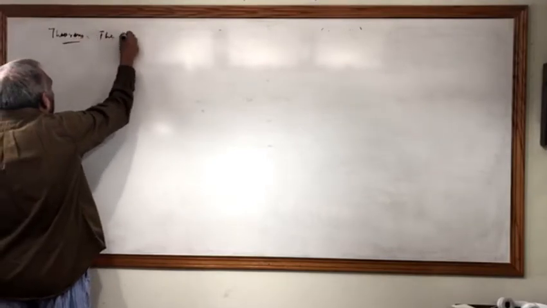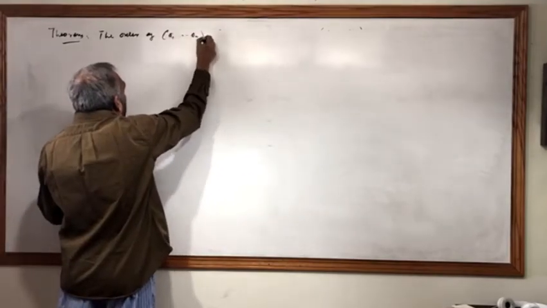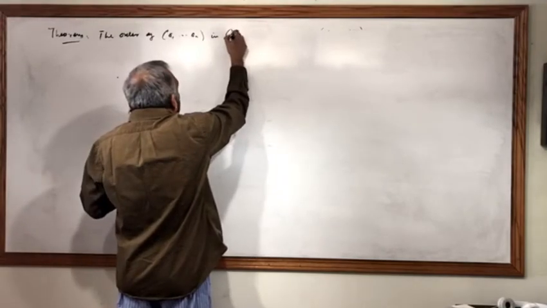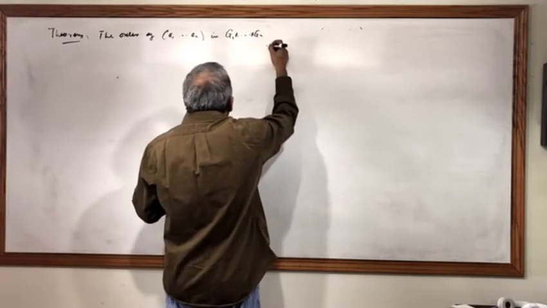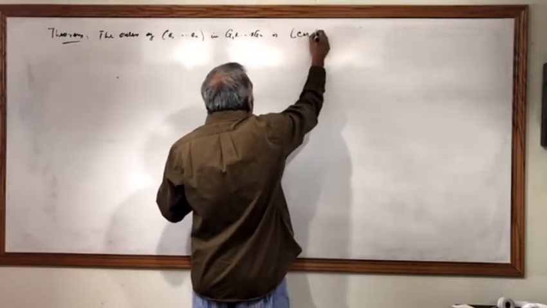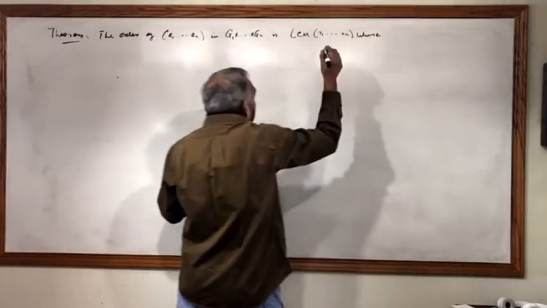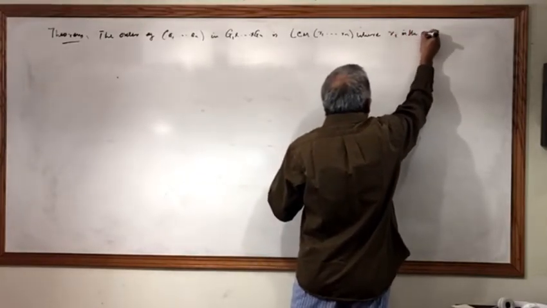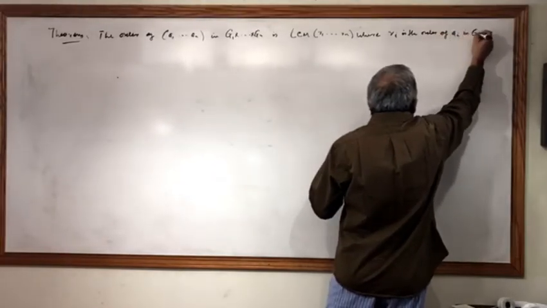The order of (a1, dash, an) in G1 cross dash cross Gn is the LCM of r1 dash rn, where ri is the order of ai in Gi.